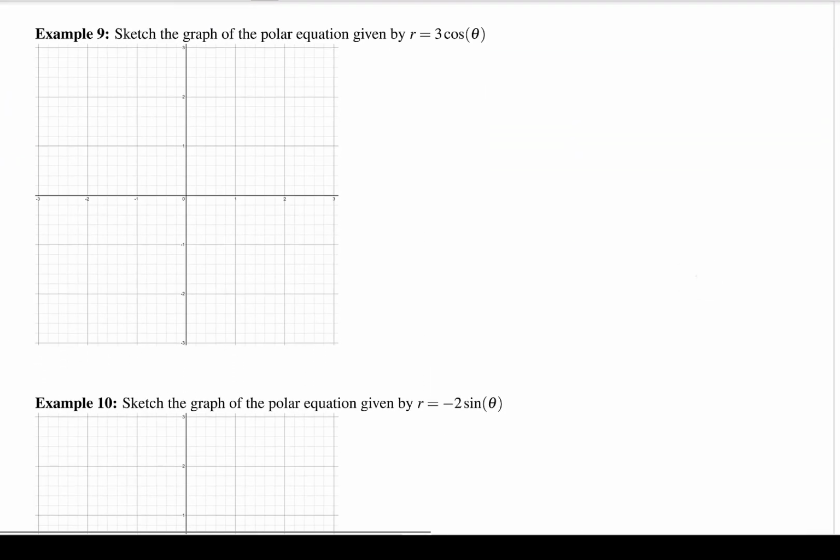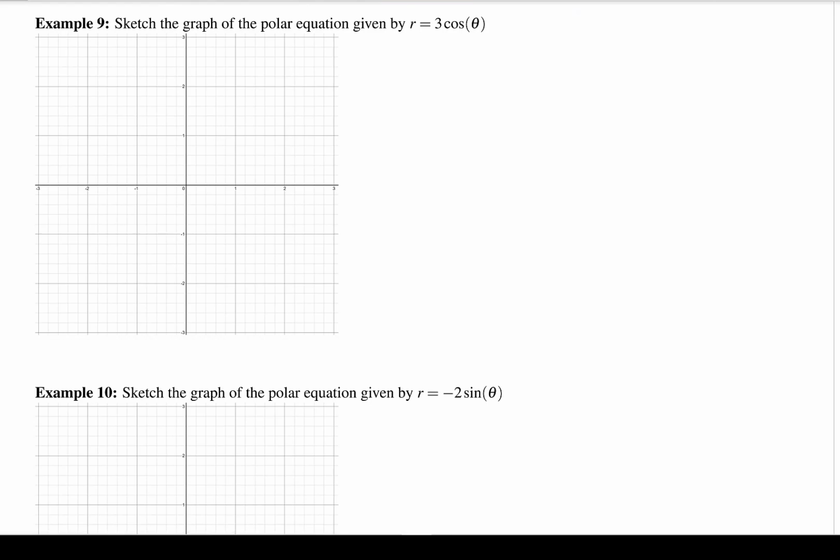Okay, now let's look at example 9. So now we're going to start giving ourselves some formulas that will be highly useful for us to automatically notice graphs in the future. So we have r equals 3 cosine theta right here. Well, if theta is equal to 0, then we get 3 times cosine of 0.